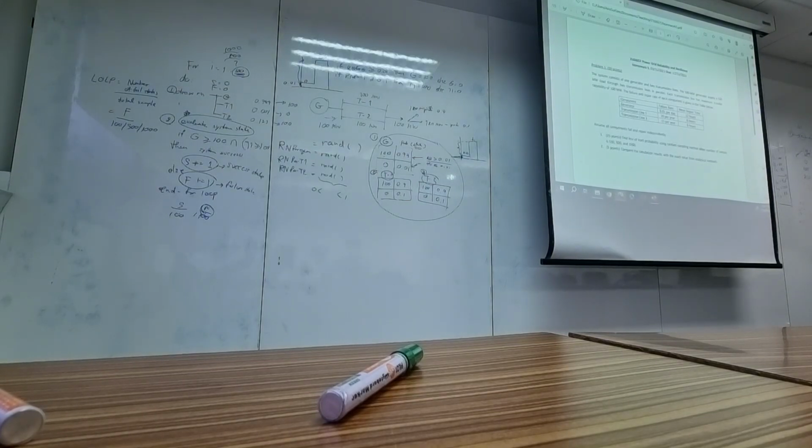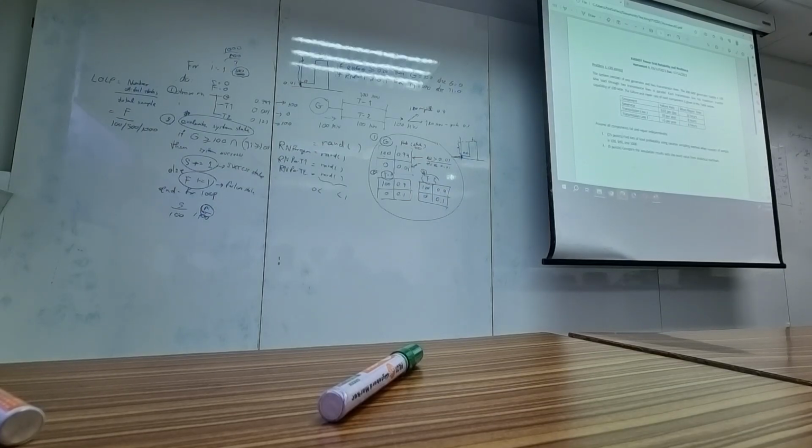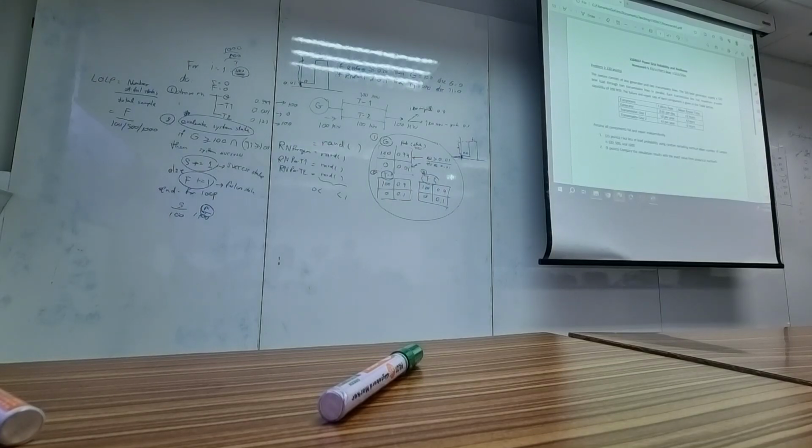For example, we wanted to know what is the amount of reserve in the system, what would be the planning, how much capacity we should add in, at which location we should add in. Those become optimization problems. And you use this kind of reliability index as either a constraint or as an objective function.